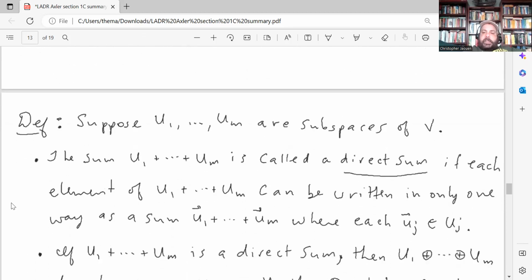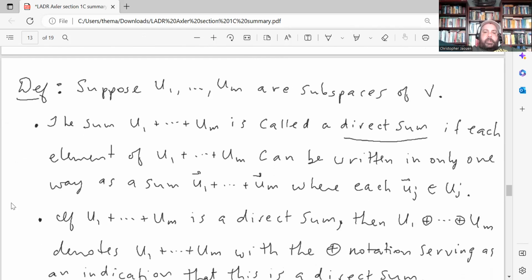Okay, definition. Here we want to define what a direct sum is. So suppose U1 through UM are subspaces of V. The sum U1 through UM is called a direct sum if each element of U1 plus ... up to UM can be written in only one way as a sum U1 plus ... UM, where each UJ is an element of UJ.